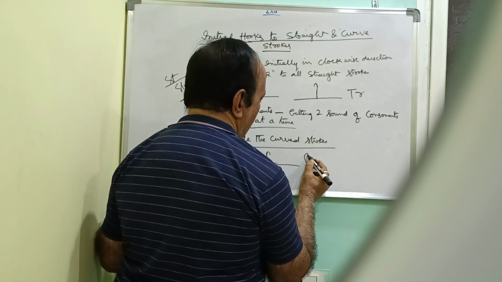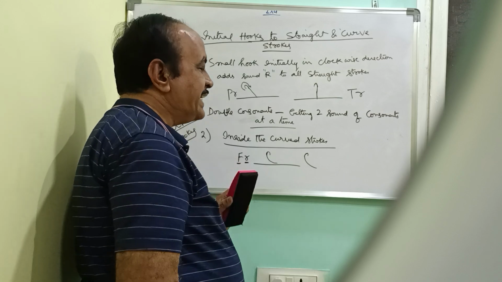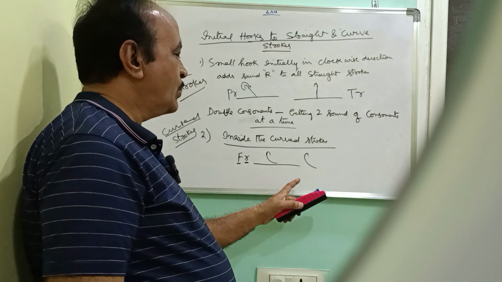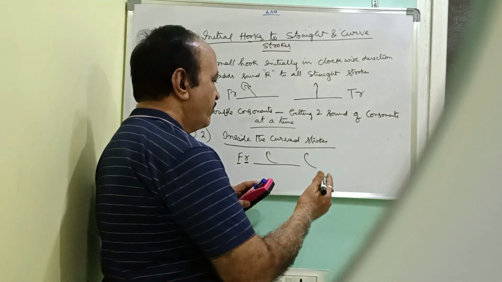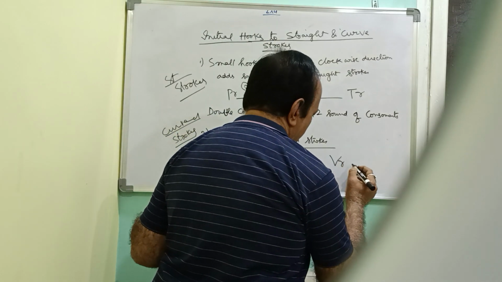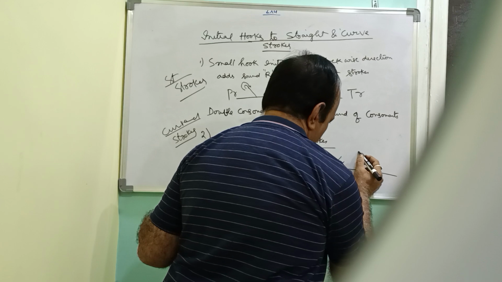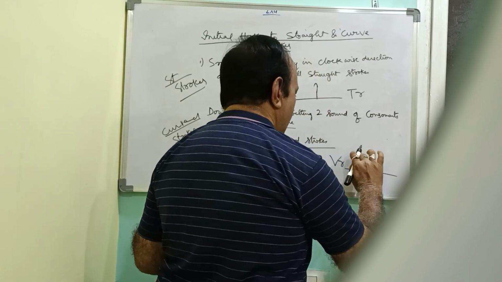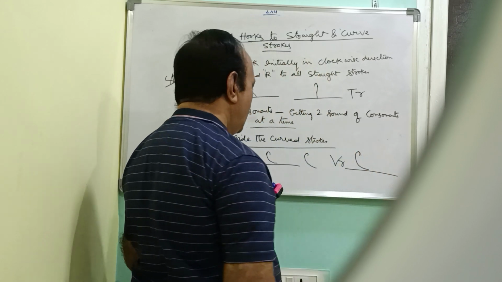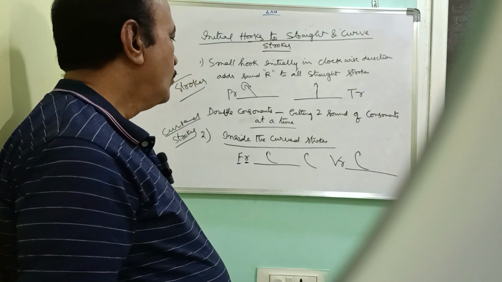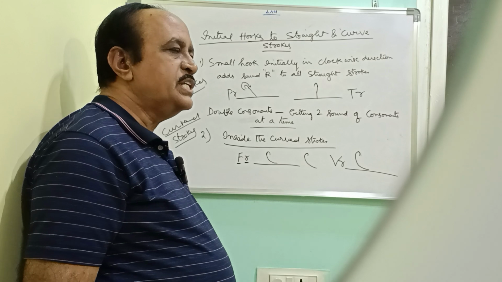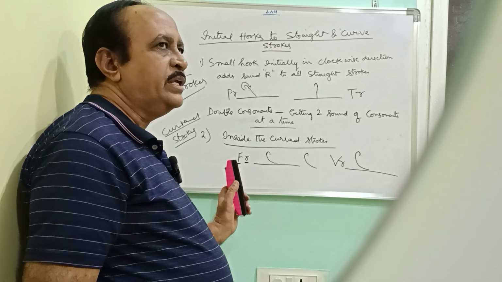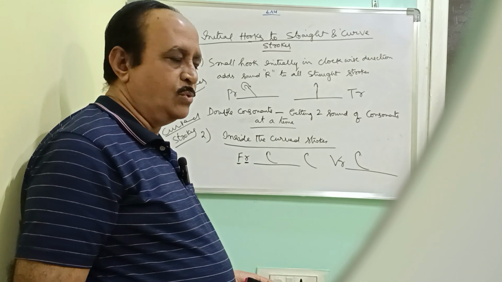For, a small hook written inside the curve stroke adds the sound of R to the stroke F here. In the same way, were, like this. This way, we can add the initial R hook.